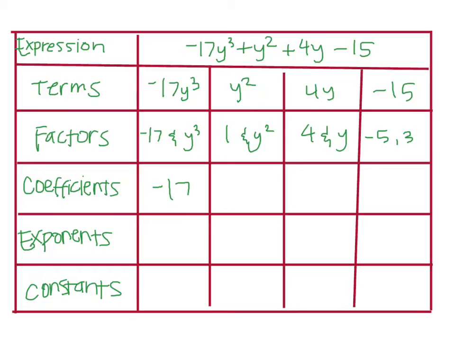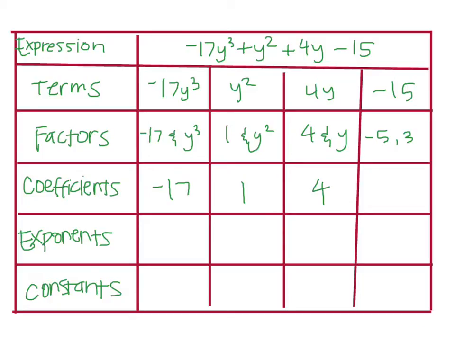The coefficient of this one is 1 because what we really have is 1y squared. And then finally, my last coefficient is 4. We're not going to put anything in this box because there is not a coefficient. A coefficient is the number attached to the variable or being multiplied to the variable, and we don't have a variable here, so there cannot be a coefficient.